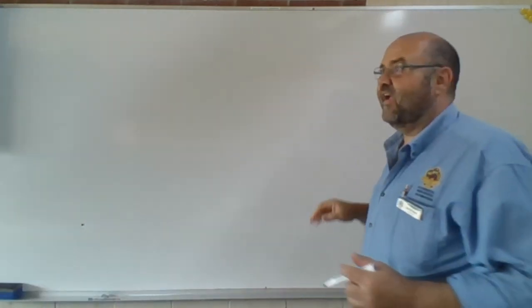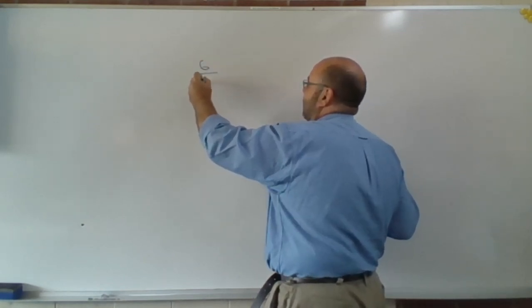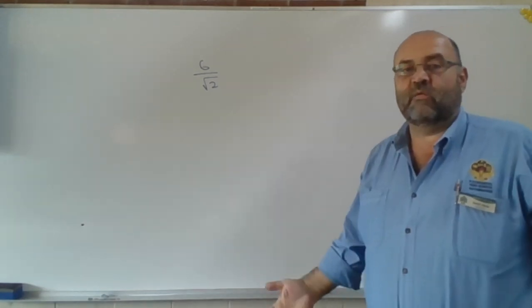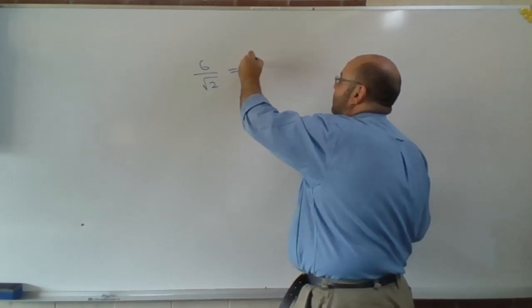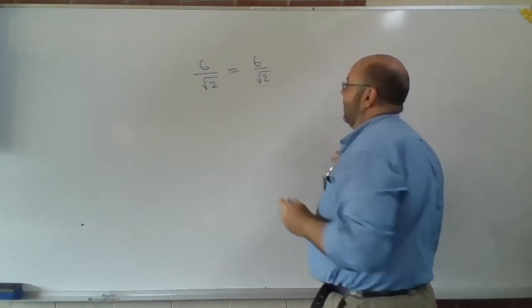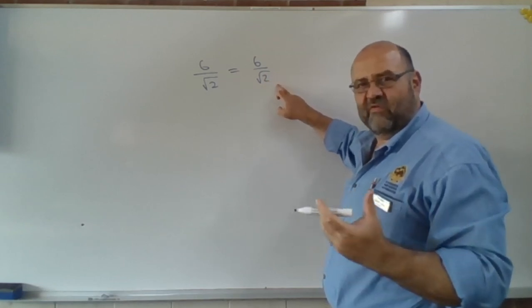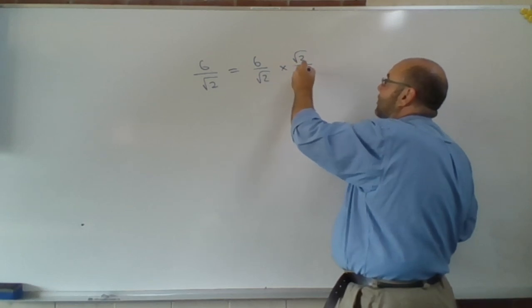So let's say I had 6 over root 2. Well, what I need to do is multiply above and below by root 2, because I want to get rid of that square root 2 underneath. So I'm going to multiply by root 2 over root 2.